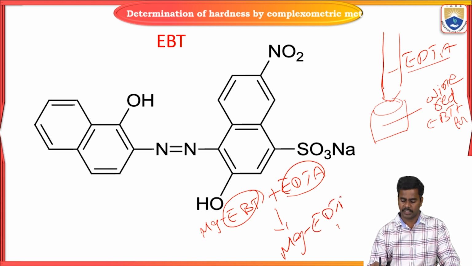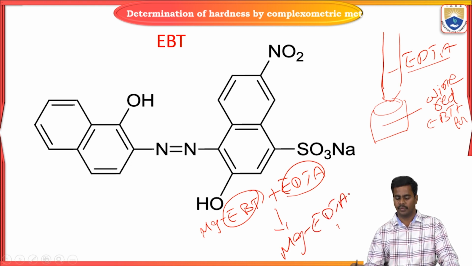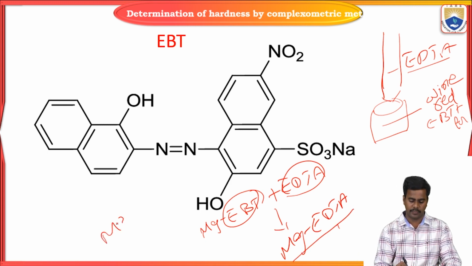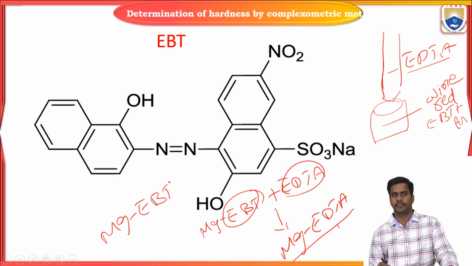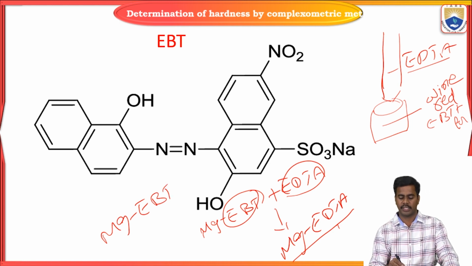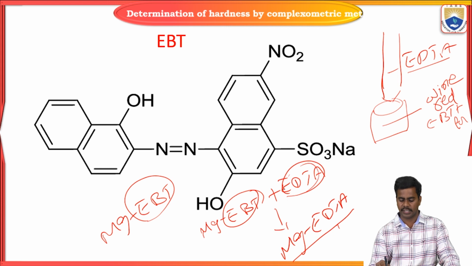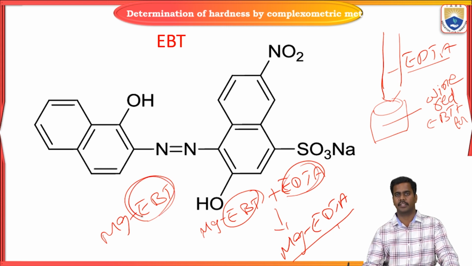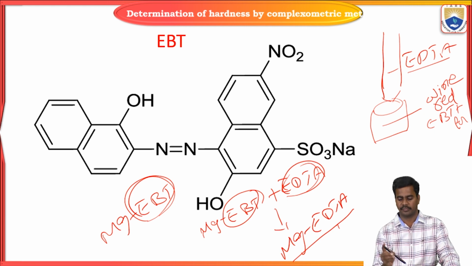Magnesium EDTA complex has been formed. This is a strong ligand compared to the magnesium EBT complex. Already we discussed, on the basis of denticity, the number of donor centers present in the structure, EDTA can replace the EBT present in the complex. So that is the end point of the titration.